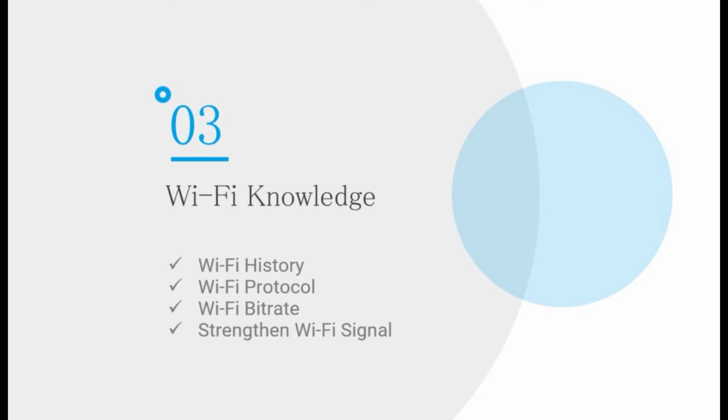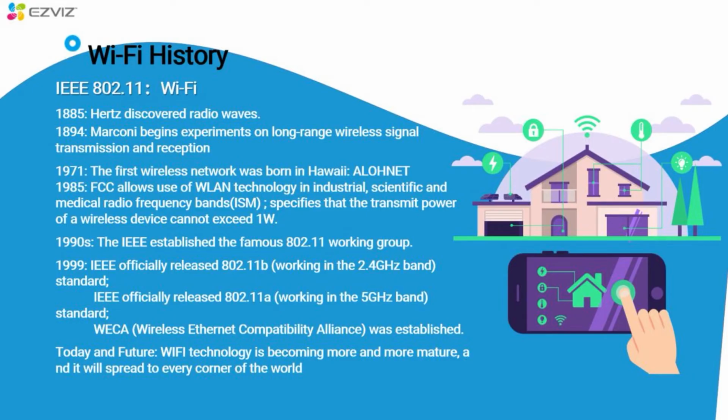Now let's move to the third part, the Wi-Fi knowledge, which is the core, key methods, key features of this lesson. First, let's have a quick look at the Wi-Fi history. In 1885, Hertz discovered the radio waves, and in 1894, Marconi began experiments on long-range wireless signal transmission and reception.